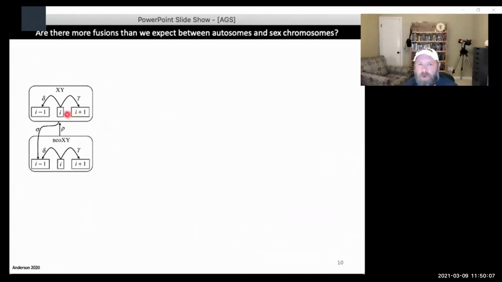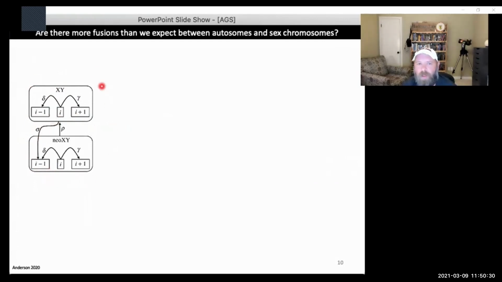But what's really important here is we also have this arrow that comes from the XY box to the neo-XY box. And so we can have this transition, and this is the kind of fusion that we're interested in. You can see here we're reducing autosome number by 1, so we're going to I-1, and we're transitioning the sex chromosome system. Once we have this neo-XY system, we can still have fusions and fissions of autosomes in that state as well.